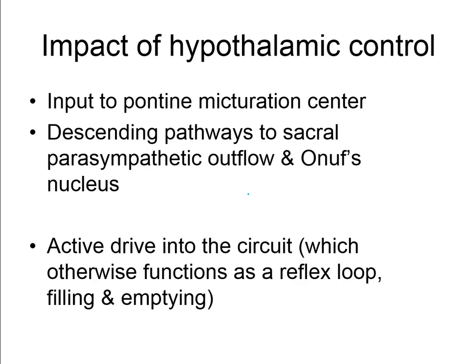Okay. Next, bladder control. Hypothalamus is involved in this. Okay. There's input to what's known as the pontine micturition center. Remember, in the cord, we have this balance between sympathetic motor tone or parasympathetic motor tone, depending on who you believe.